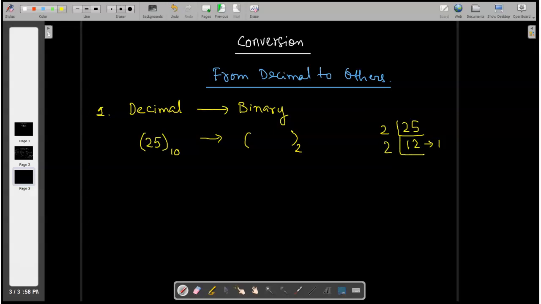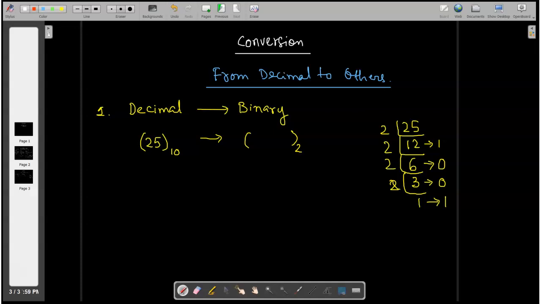Again, 2 6s are 12, but here we don't have any remainder, that is, the remainder is 0. 2 threes are 6, again the remainder is 0. 2 ones are 2, so the remainder is 1. Now this 1 can no more be divided by 2, so we leave it as it is.